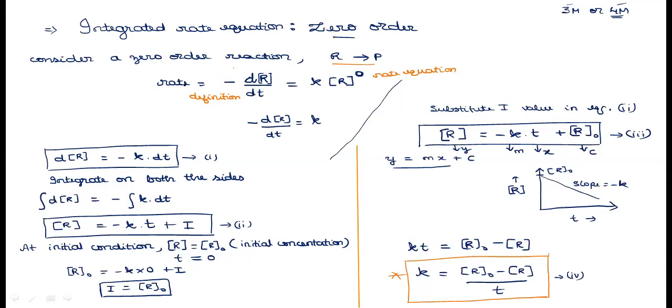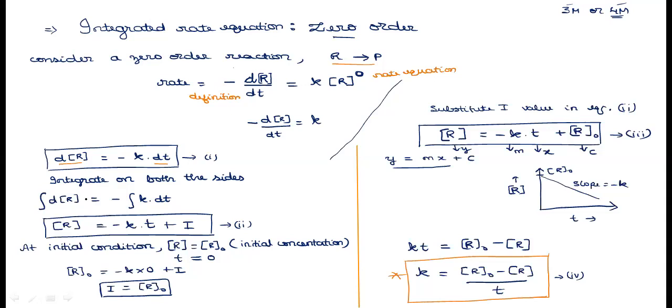Then from the rate equation form, rate will be equal to k into concentration of reactant to the power 0, as it is a zero order reaction. Considering both, we get minus dR by dt is equal to k. Then rearrange so that similar terms come on one side: the concentration term on the left hand side and the time on the right hand side.